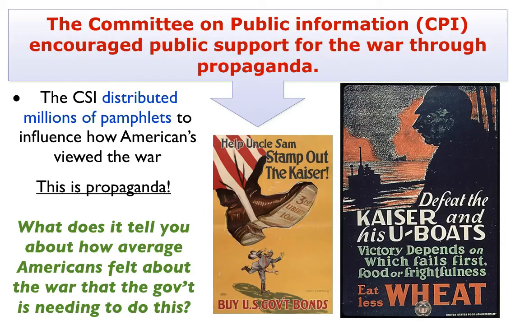The other big thing that the American government changes during World War One is that it starts to really dive into propaganda building. During World War One, the government created what was called the Committee on Public Information, or CPI, and all they do is basically create millions of pamphlets that would get printed and circulated around America that would try to get Americans to feel certain ways or to act in certain ways.